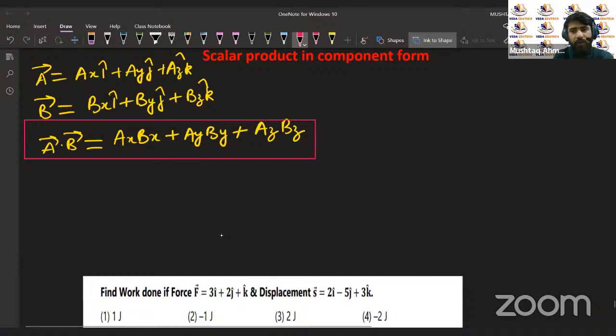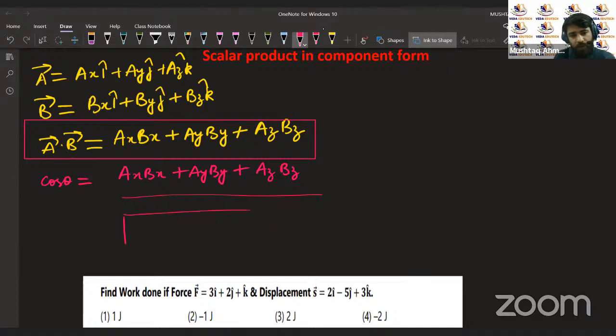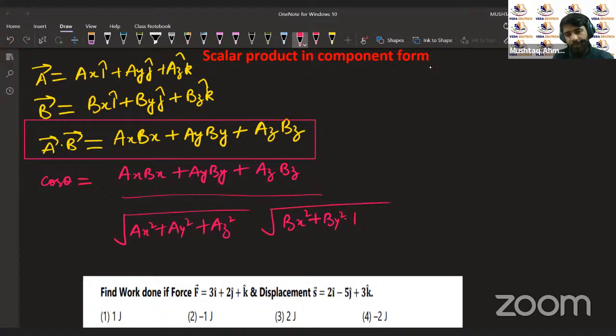And then if we have to calculate the angle between these two vectors, suppose it will be cos theta, that will be equal to ax bx plus ay by plus az bz upon mod of A, that's under root of ax square plus ay square plus az square, and mod of B, that's under root of bx square plus by square plus bz square.